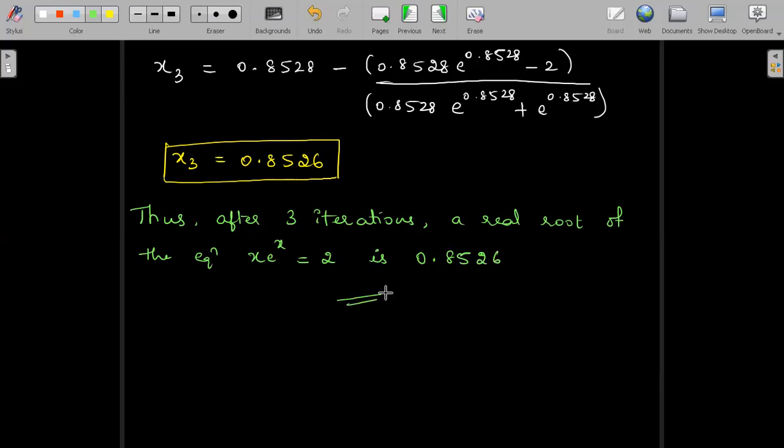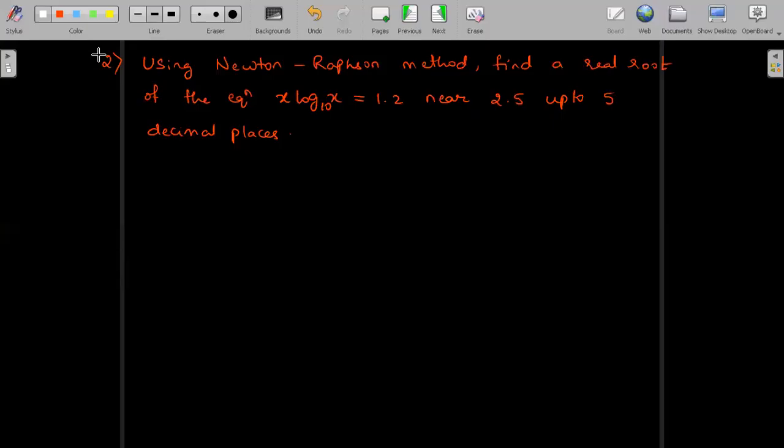After performing 3 iterations, a real root of the given equation x e power x is equal to 2 is 0.8526. So this was the first problem for us. Let us discuss the second problem now.